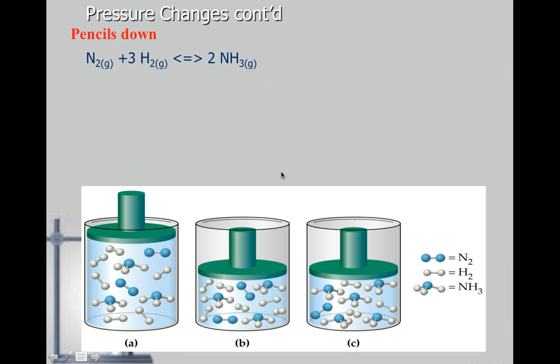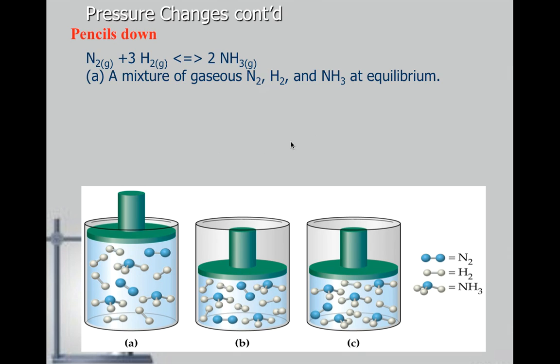Okay, so we have a reaction between nitrogen and hydrogen to form ammonia. So the first thing we need to do if we're going to be dealing with gases is count the number of moles of gas on each side. So if you write down this example, you should be taking notes.